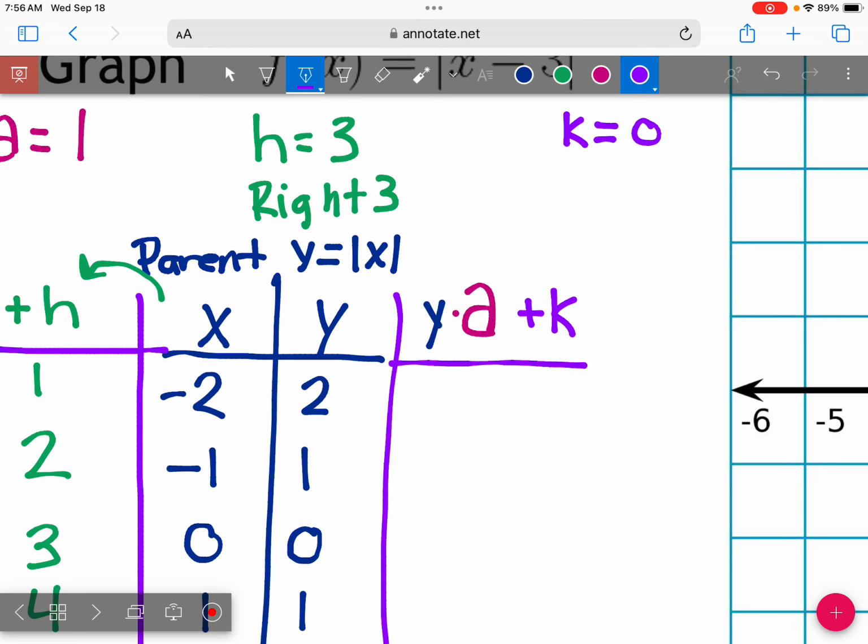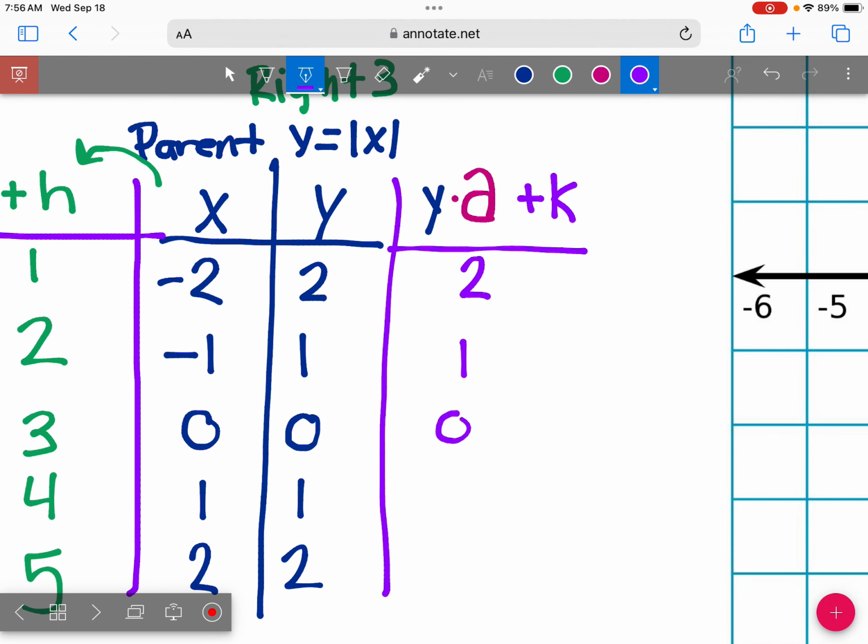My a is 1, which means we don't actually multiply by really anything. K being 0, there's no transformation. So I'm just going to wind up with the exact same values: 2, 1, 0, 1, 2. But when we have a's and k's, we apply them that same way. And this is a lot less calculation than we did yesterday, because this is my completed table.